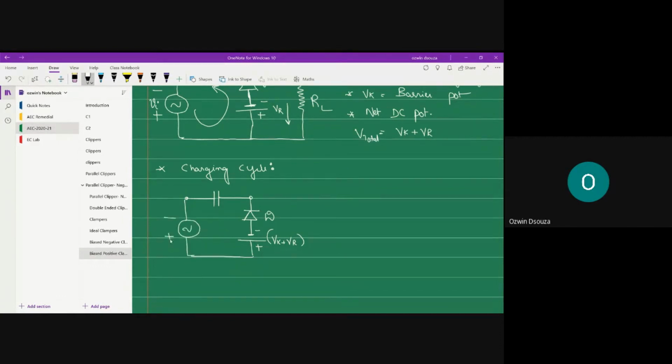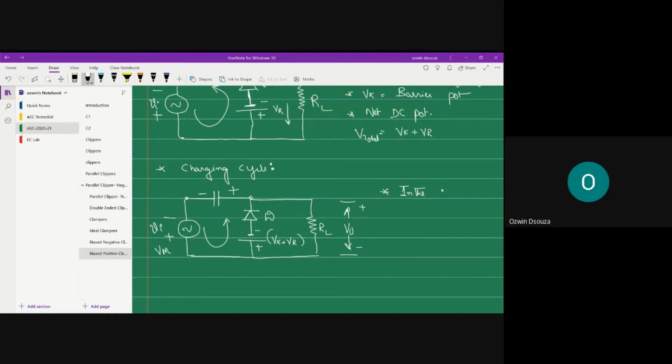Let me write the negative half cycle. The maximum value of the sinusoidal input is Vm. This is your RL, and this is V0, with minus plus polarity.